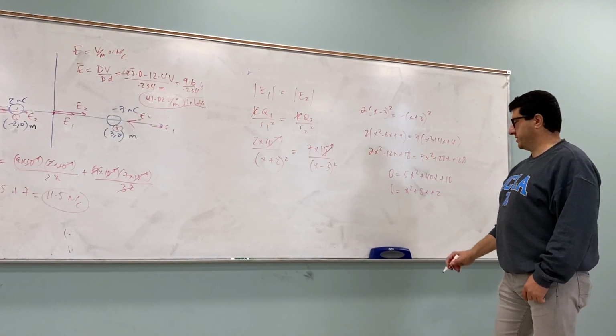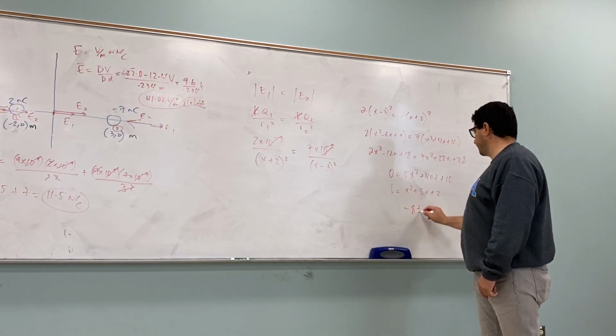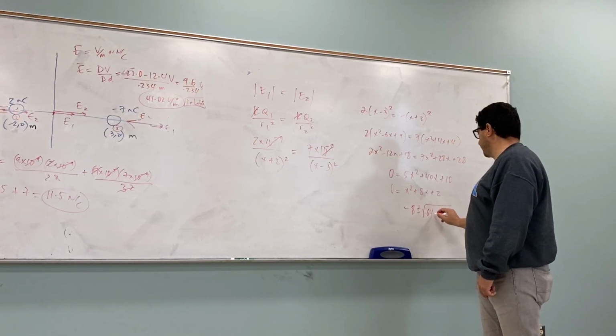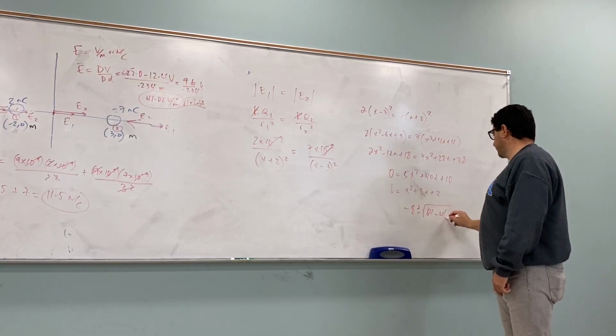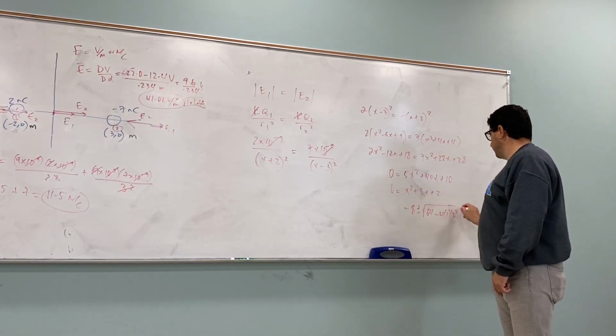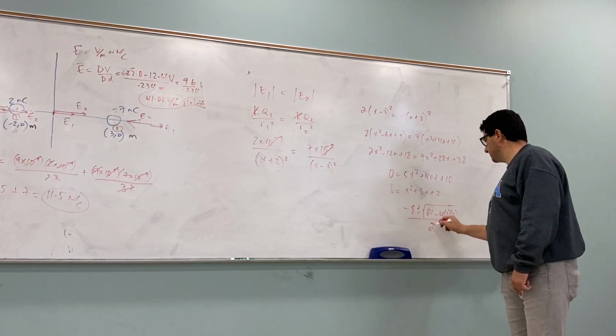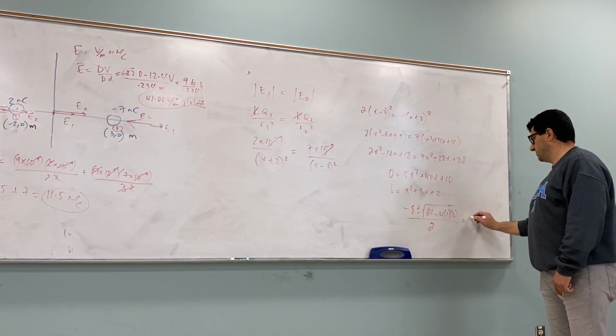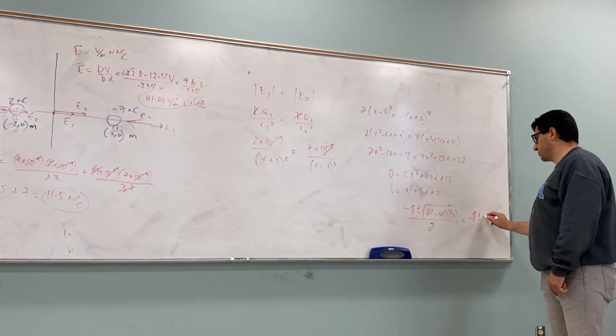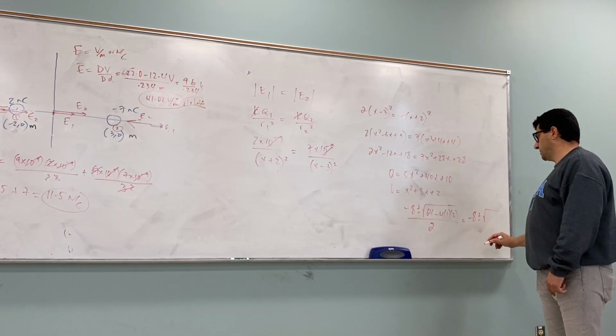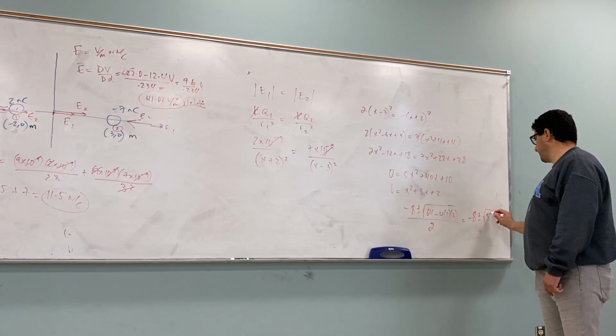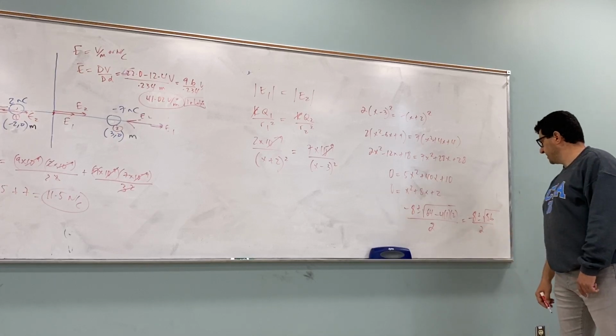And then quadratic equation, negative b plus or minus square root of b squared minus 4ac over 2a. Negative 8 plus or minus square root of 64 minus 8, 56 over 2.